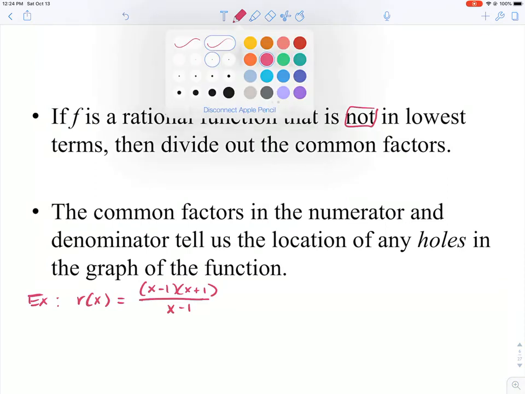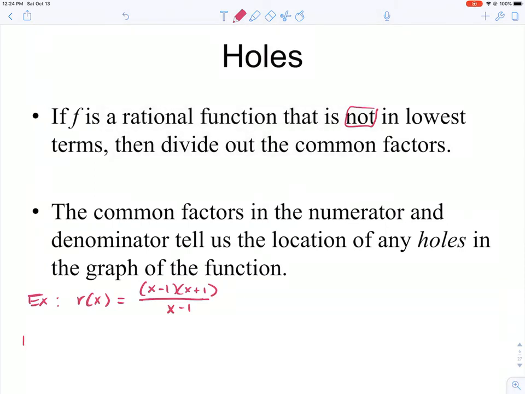Well, we can see that the domain is going to be all real numbers except for positive 1. Positive 1 would make the denominator equal to 0. If we tried to substitute positive 1 into r of x, we would end up with 0 over 0. Okay? 0 over 0 is what we call an indeterminate form.